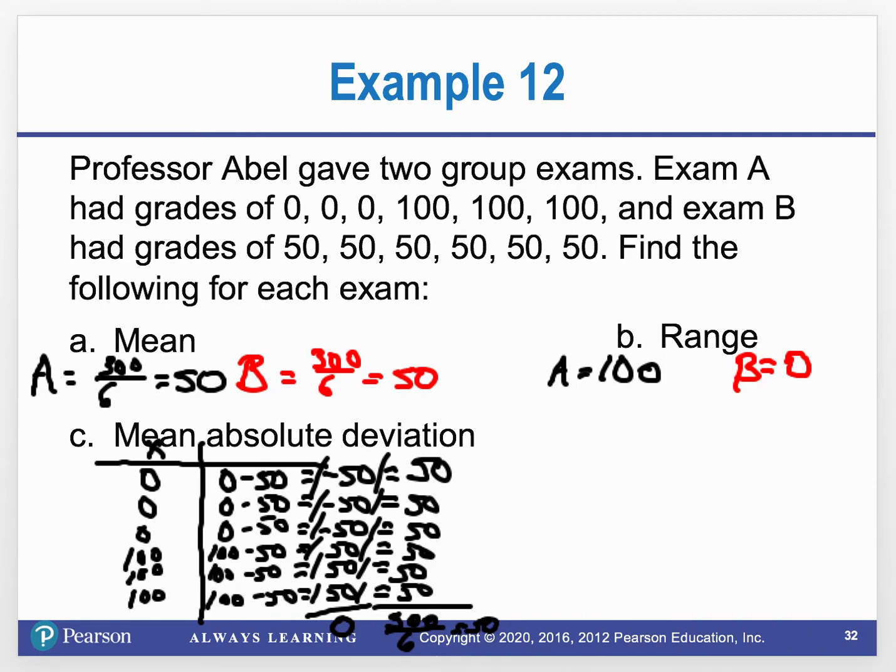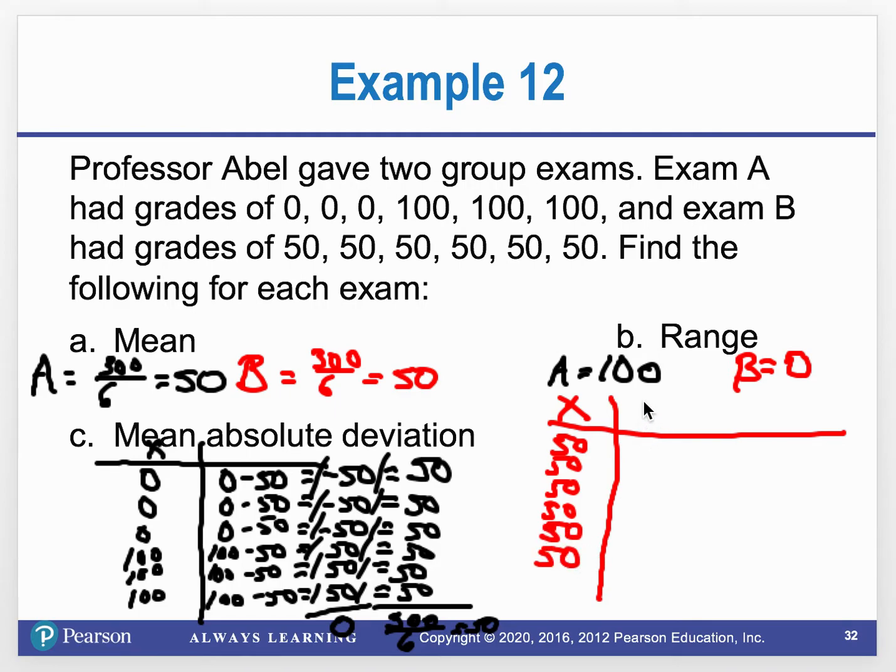Let's do it for the other data set. This time I have 50, 1, 2, 3, 4, 5, 6.